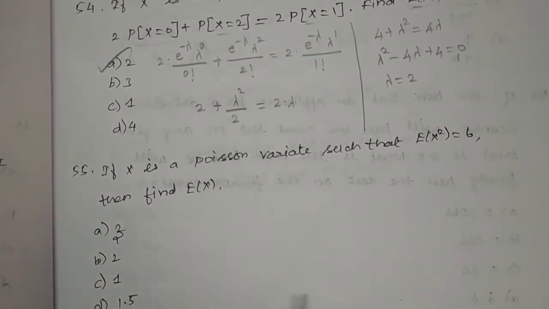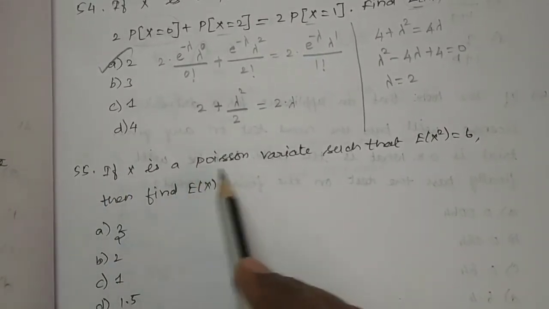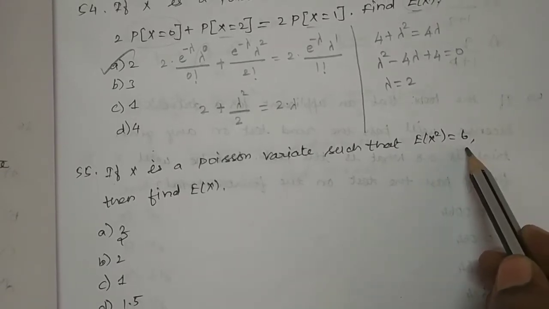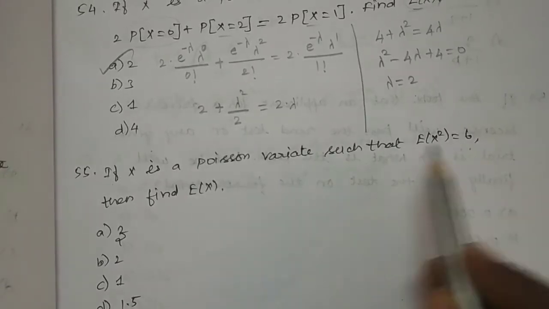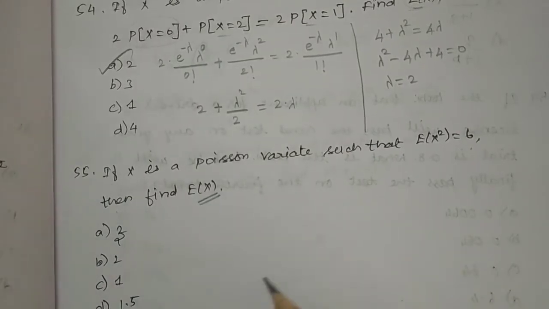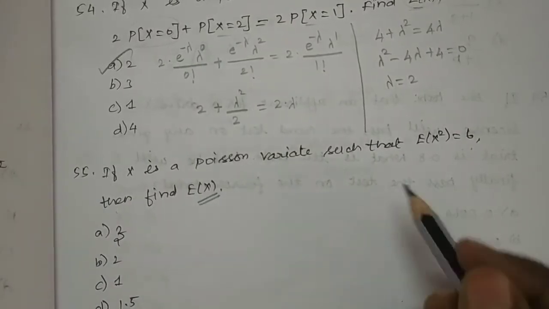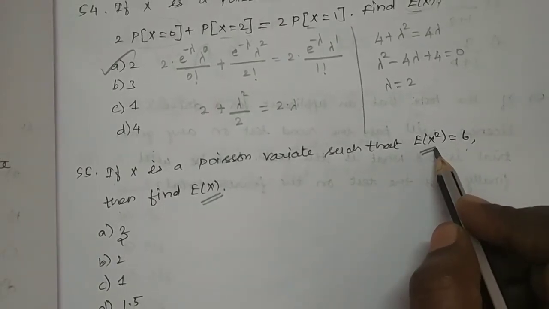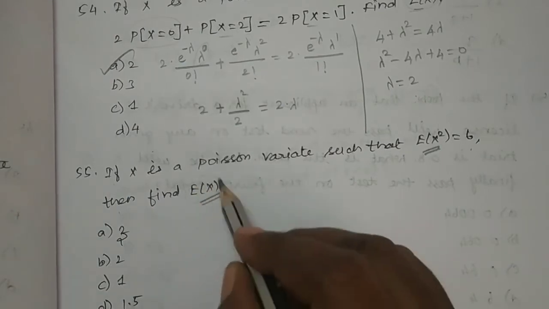Then next one. If x is a Poisson variate such that expectation of x square equals 6, then find expectation of x. This is a little bit different problem. Here we have the value for expectation of x square, but we need expectation of x.